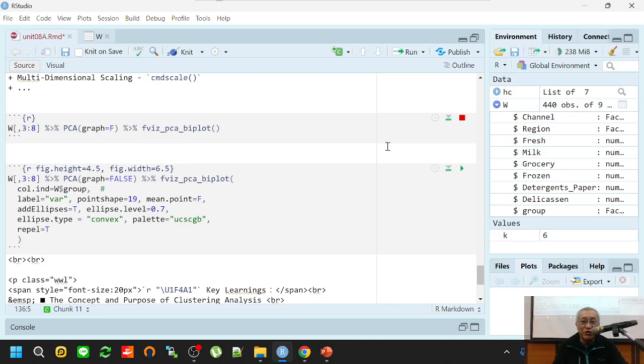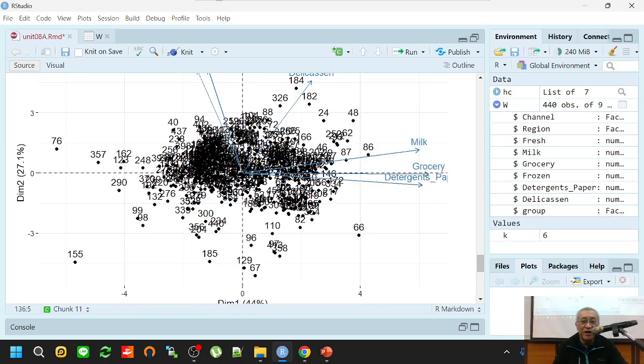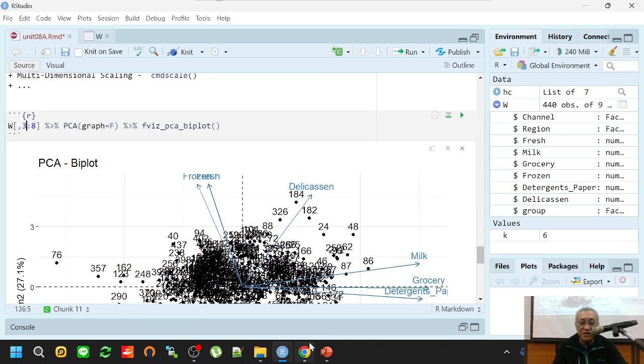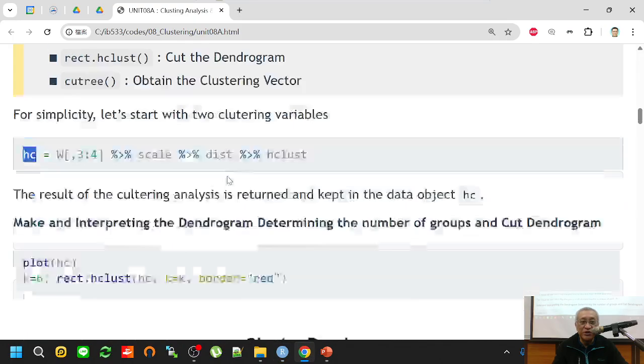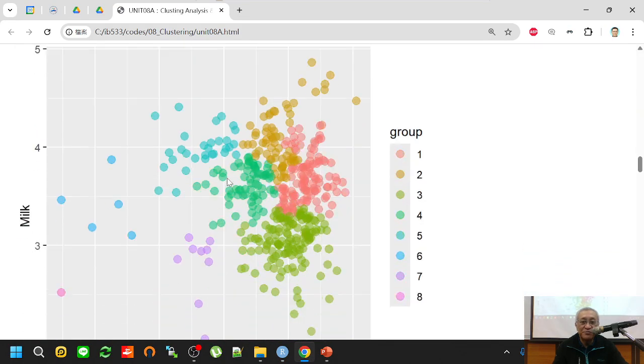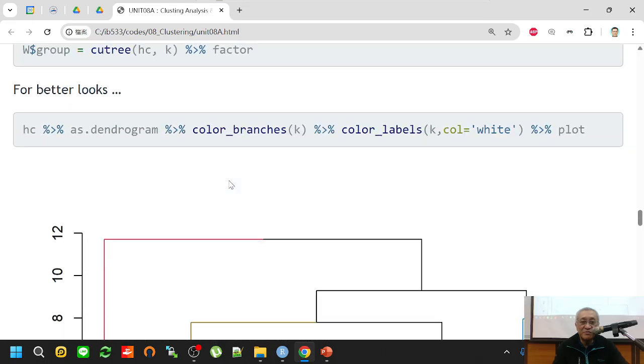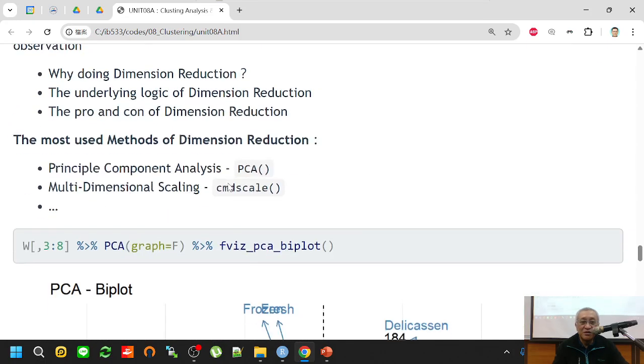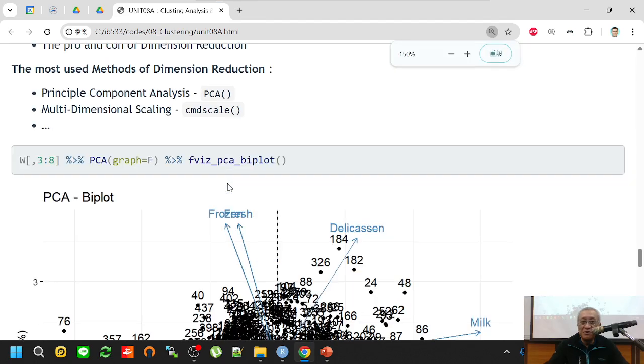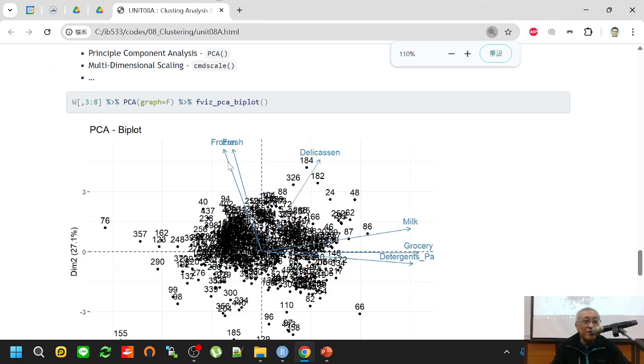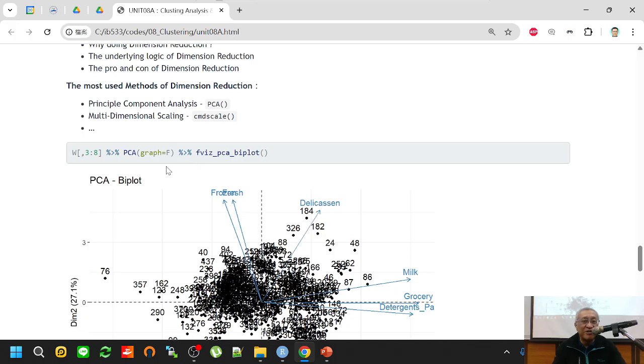To do dimension reduction, let me switch to here, it's easier to see. In R it's quite simple. You simply give it the data, which is in these 6 columns.